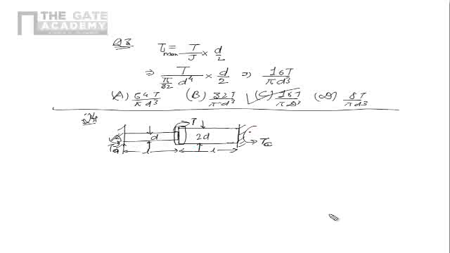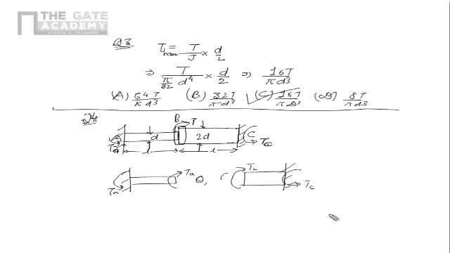So this is end A, this is end C, and this is B. Now when this happens, the angle of twist is equal in both of them, which means that for this left shaft, I can isolate it and say that there is a torque TA acting here, and this is twisting by theta. Similarly, in this portion of the shaft, there is TC, and this is also twisting by theta.